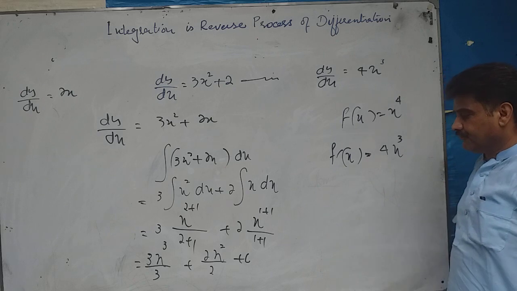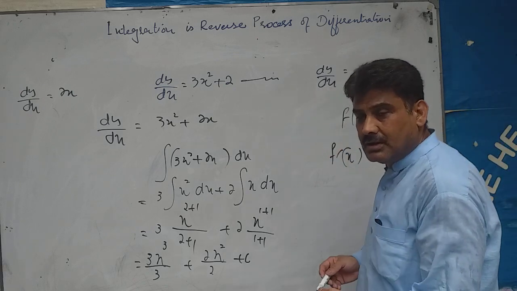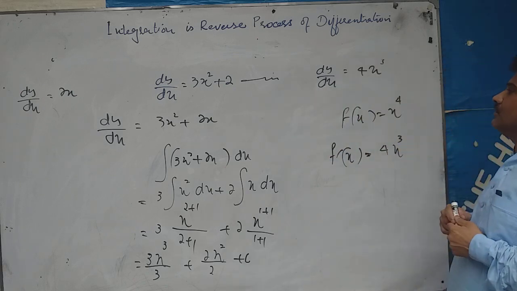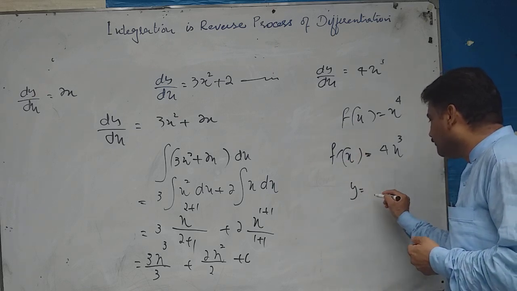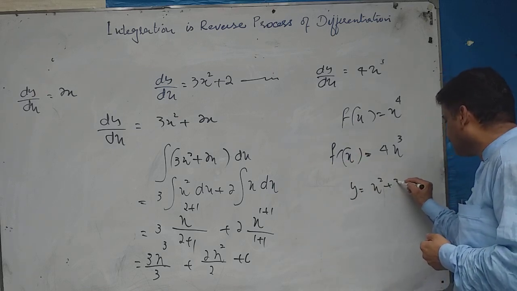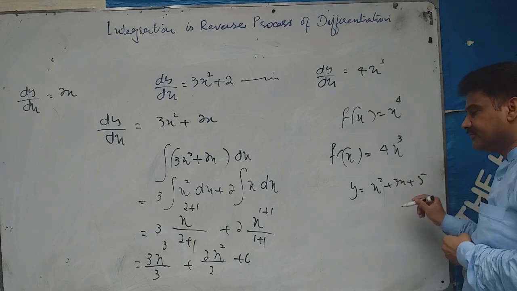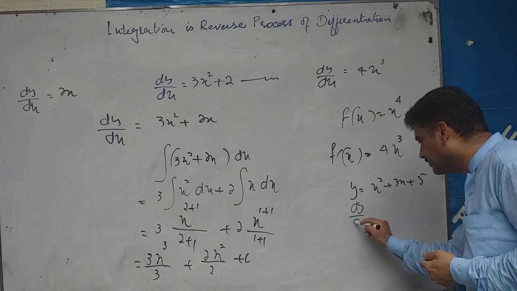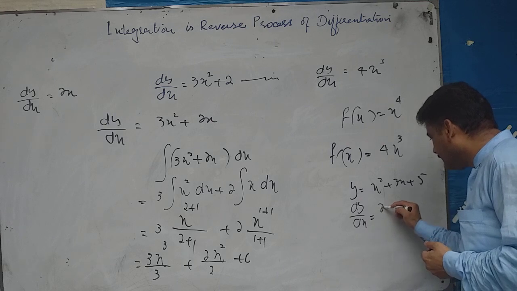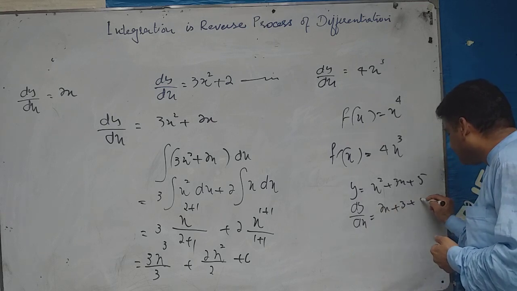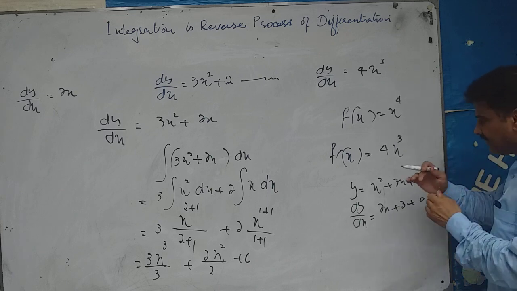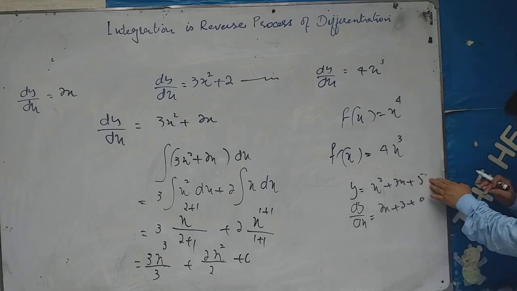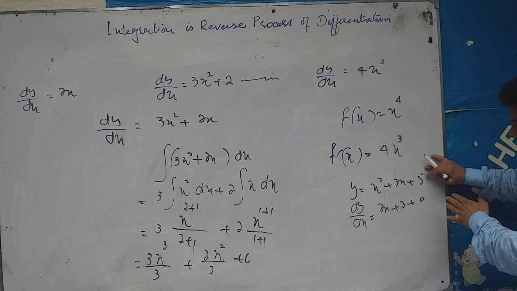Where does this c come from? In differentiation, for example, if we have to differentiate x square plus 3x plus 5, its derivative dy by dx is 2x plus 3 plus 0. The derivative of any constant is 0. In differentiation, we eliminate this constant.